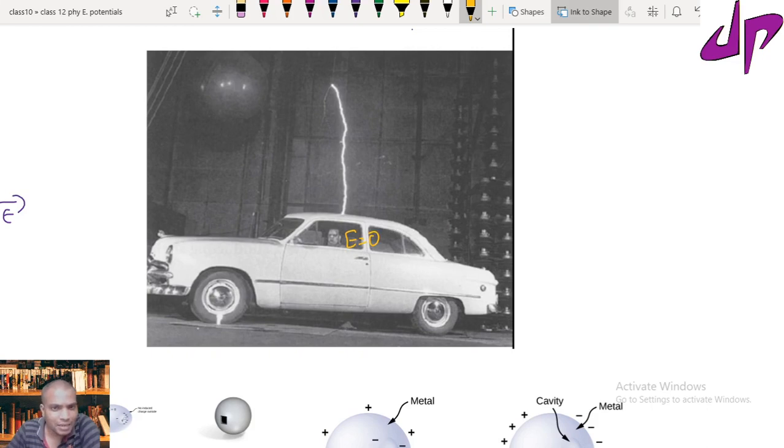If the electric field inside the car goes to 0, it means the potential remains constant. This is the key word. To get a shock, there should be a potential difference. If there is no potential difference, we cannot be electrocuted.